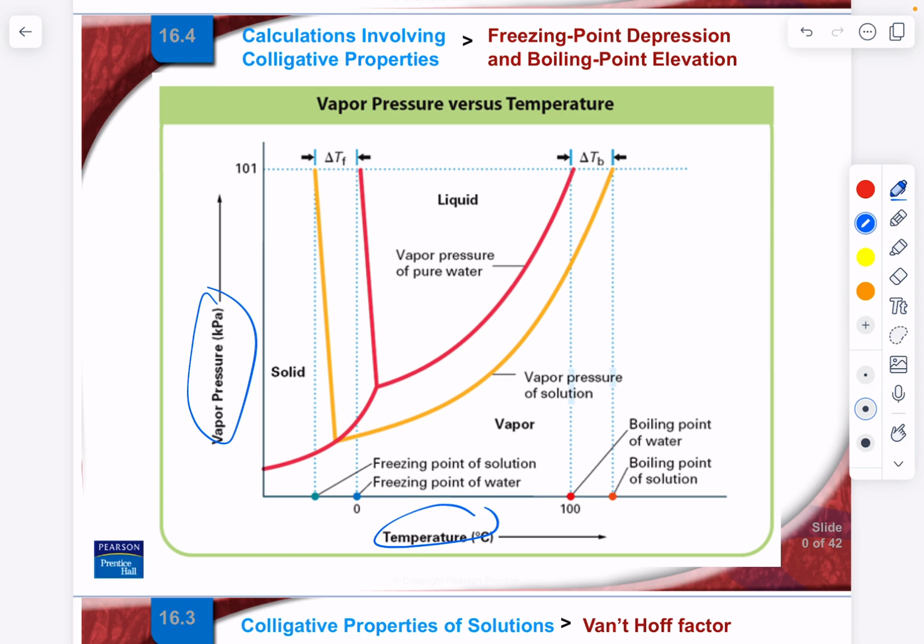And so in pure water, just for the record, there's this interesting point which is called the triple point. If you had this temperature slightly above zero, like point something or other, and if you had this pressure, which is very, very low, the scale, by the way, would be a logarithmic scale, at this triple point, you can have water exist in all three states at the same time.